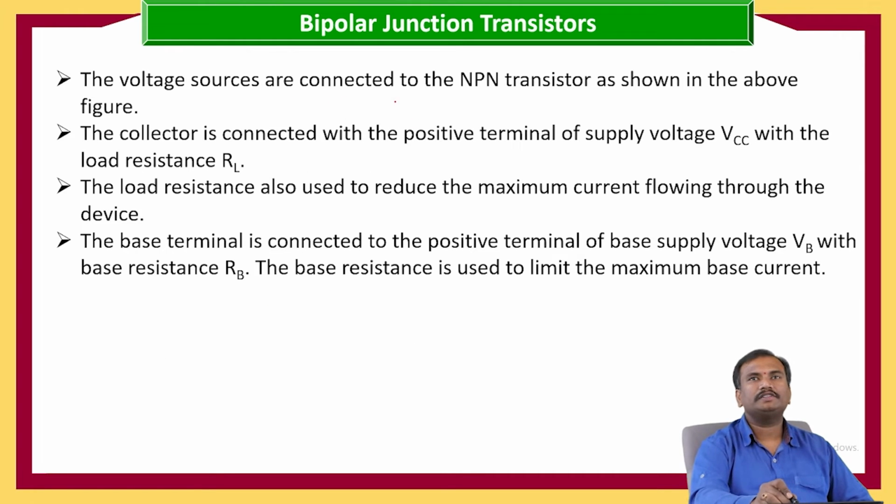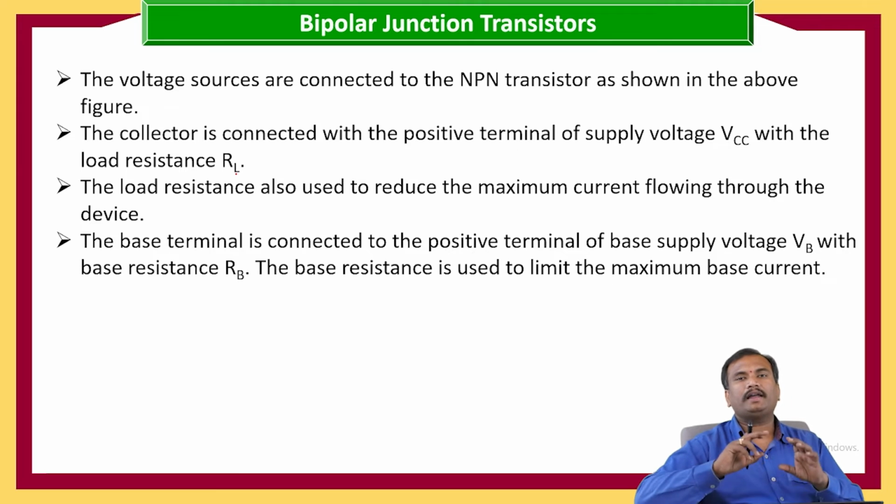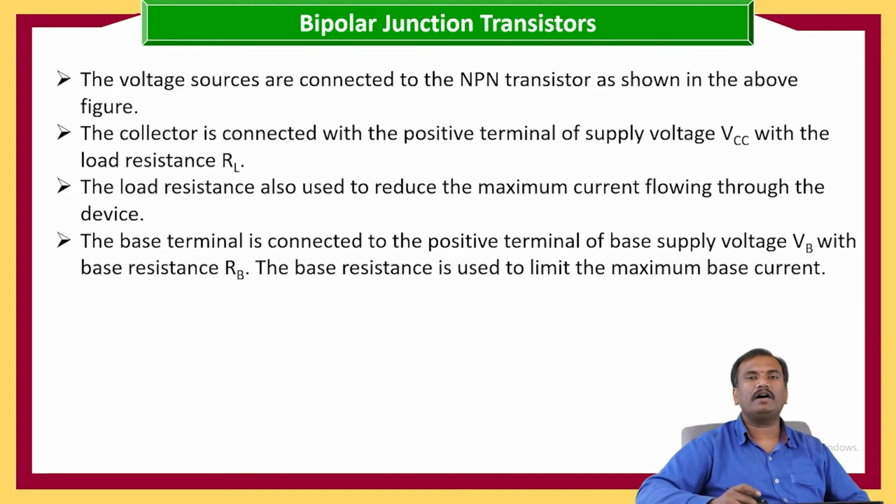The voltage sources are connected to the NPN transistor as shown in the above figure. The collector is connected with the positive terminal of supply voltage VCC through the load resistance RL, where across the collector we are going to take the load. Whatever output we are going to take, we take from the collector.